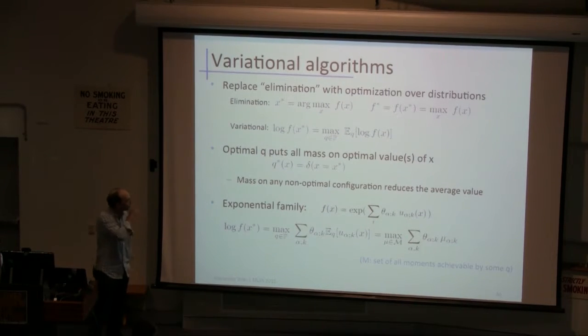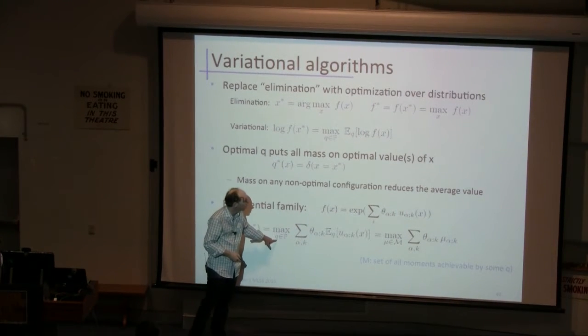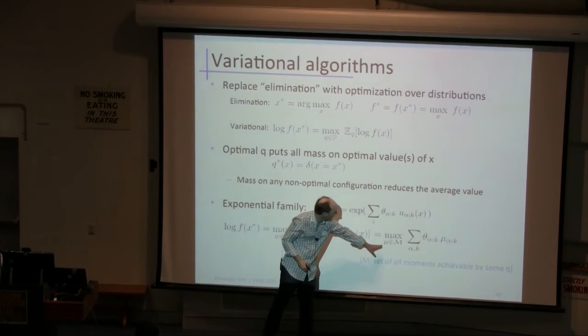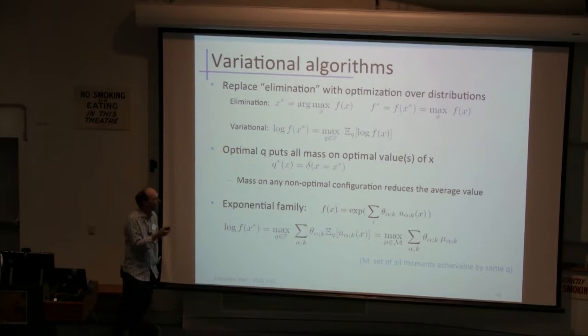So in fact, when we optimize over q of this expectation of log f, this log f is going to decompose into a sum over thetas. And so we don't care about the entire distribution q. It's enough to just think about the probabilities of q defined on these smaller cliques alpha.